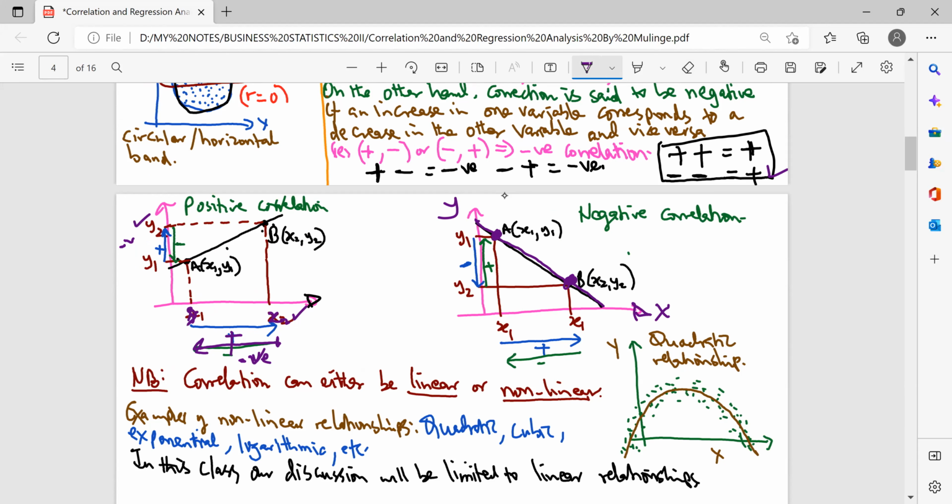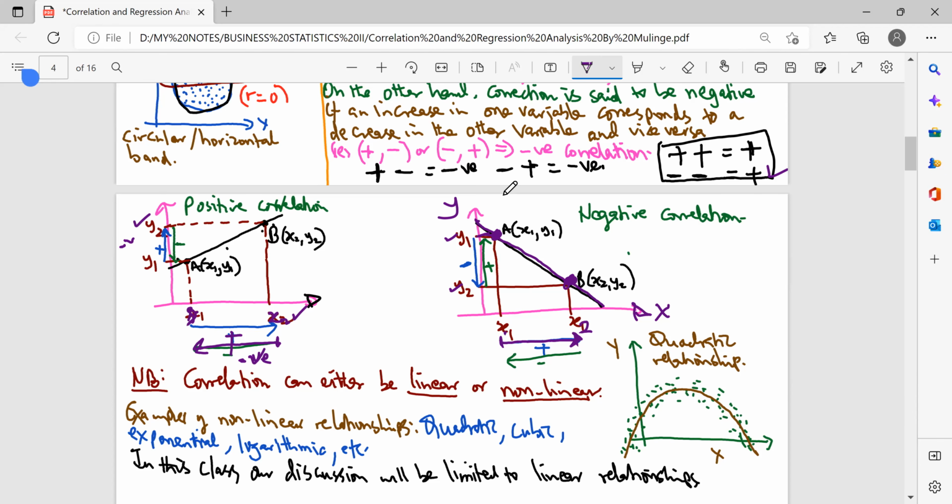Then the value of X corresponding to the first point is X1, and the value of Y corresponding to the first point is Y1. The value of X corresponding to the second point is X2, and the value of Y corresponding to the second point is Y2. So if you pick this value of X, then you increase to this point here.